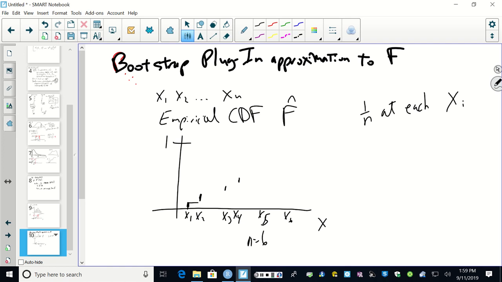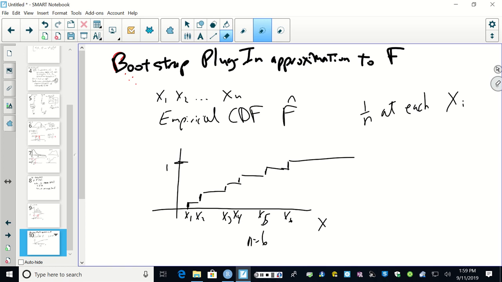Then the next one jumps up a little bit, and this next one jumps up. These are supposed to be equal jumps, so there's a kind of step going there, right?